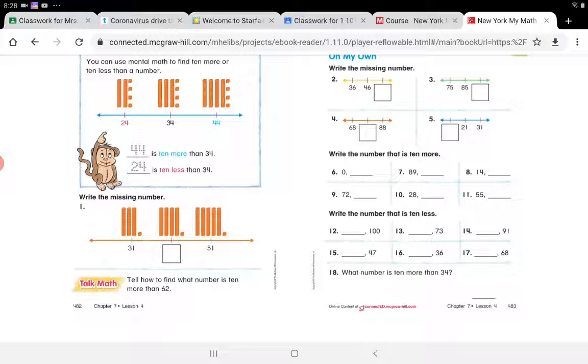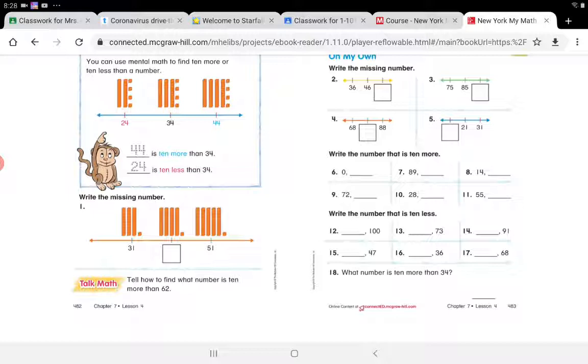In 34 we had 3 10 rods, and now for 44 we have 4 10 rods to represent 40. So I know that 30 plus 1 10 rod is now going to give me 40. And since I'm not going to change my ones place, I'm going to keep the 4 ones. So I know now that 34 plus 10 more is 44.